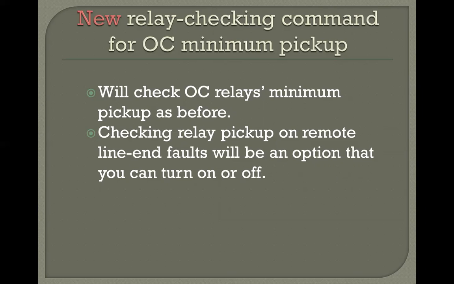The reason is that in transmission systems, oftentimes the relays have duplicate backups, so if one doesn't work, the second one would likely take over. So the need to check whether the relay is sensitive enough to pick up on line end faults may not be as important to you as it was before.